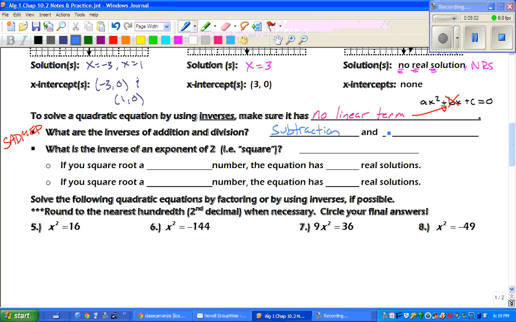The inverse of division, you should know that, it's multiplication. And what is the inverse of an exponent of 2, i.e. square? Well, the inverse of that is square root, okay? It's the symbol that looks like that.